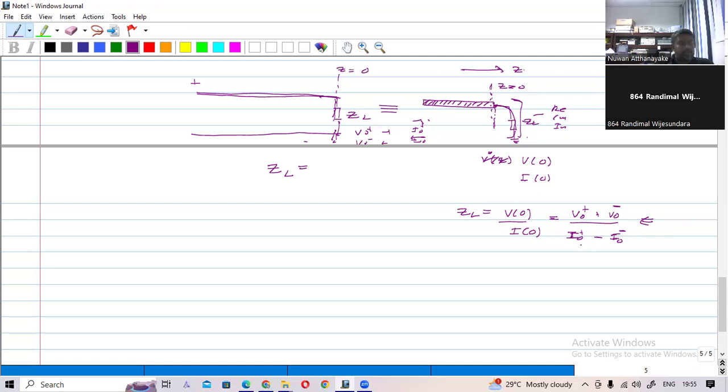Then we will try to get rid of this I naught. We know that V naught plus divided by I naught plus is equal to Z naught. No? So I naught plus is equal to V naught plus divided by Z naught.